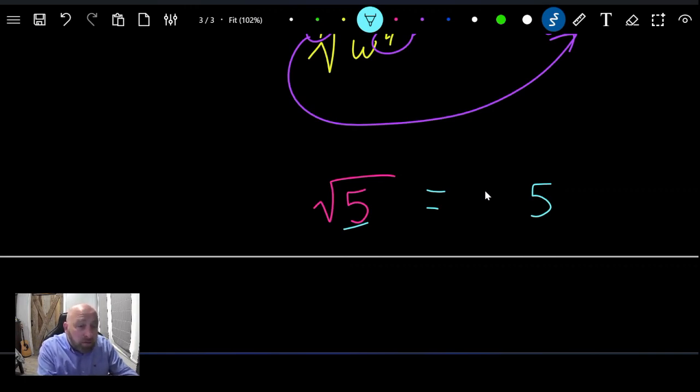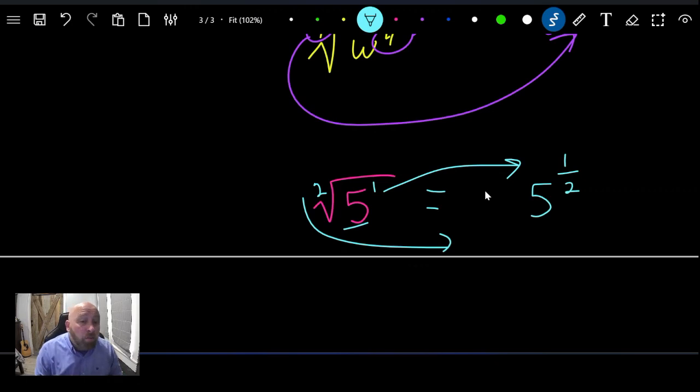The understood exponent is always 1. What's the index? The understood index is always 2. So we do have a fraction right here. So the exponent becomes the numerator, and the index becomes the denominator. So this would be 5 to the 1/2.